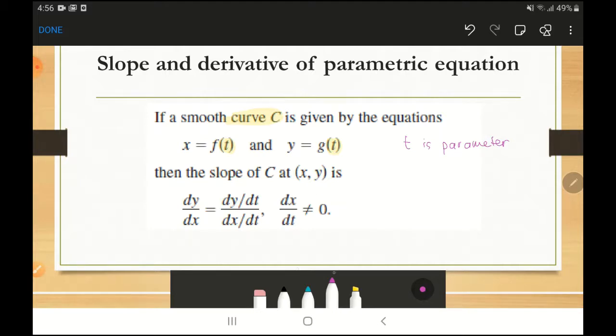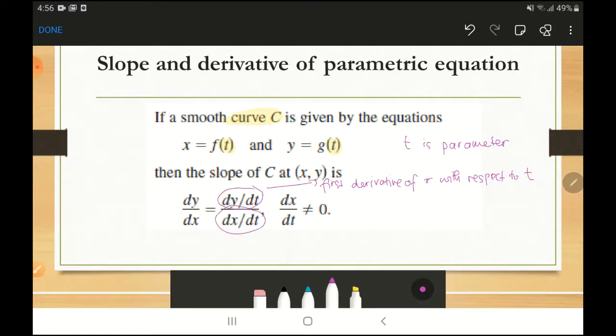So what is this? dx/dt is just the first derivative of x with respect to t. So you find the derivative by t, not by x.